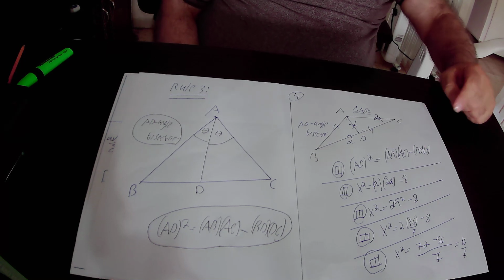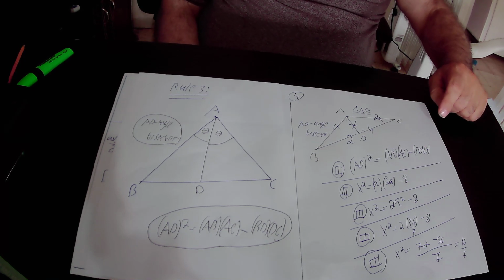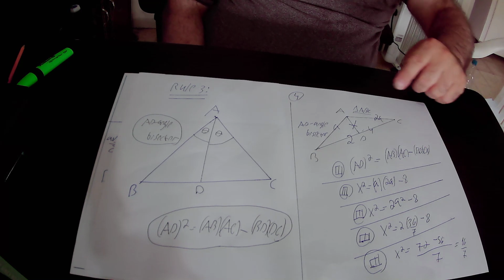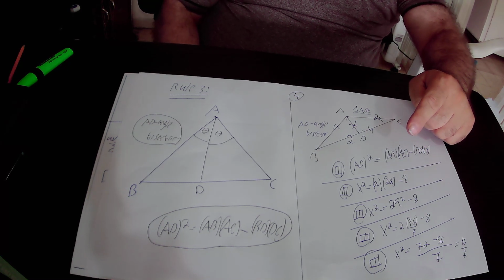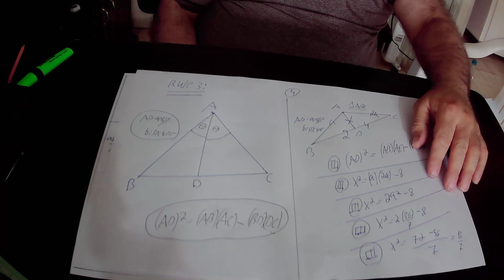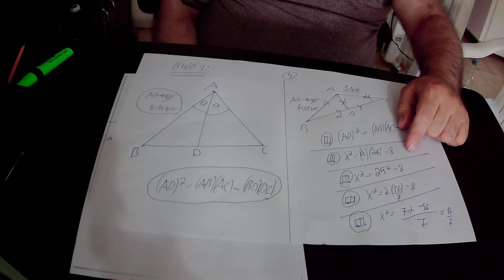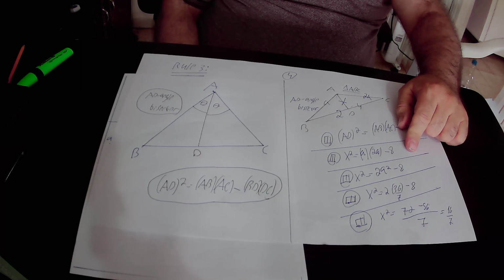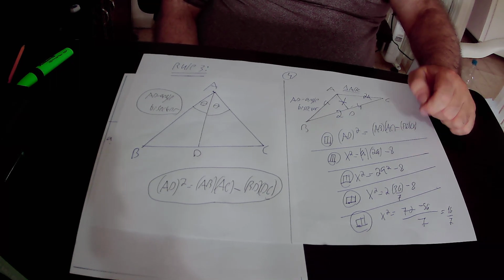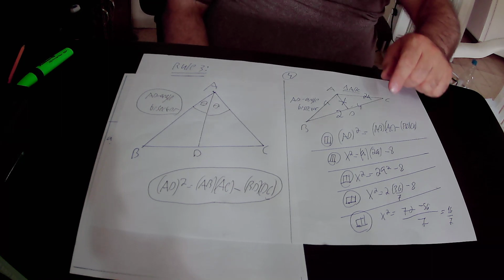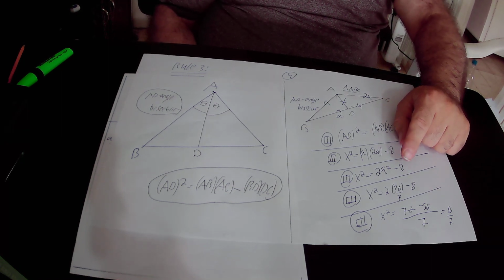Okay, AD equals x, so AD squared is x squared, AB equals a, and AC equals 2a. So here we have x squared, and 8 times 2a is 2a squared minus 8. So x squared equals 2a squared minus 8, and we found that a squared equals 36/7, so we can substitute a squared by 36/7.